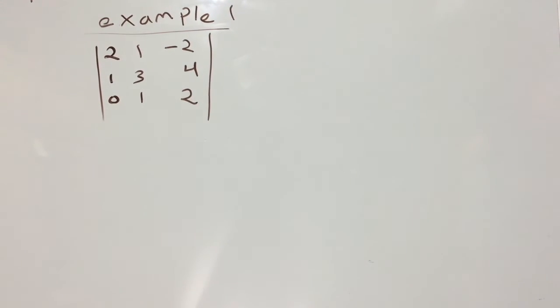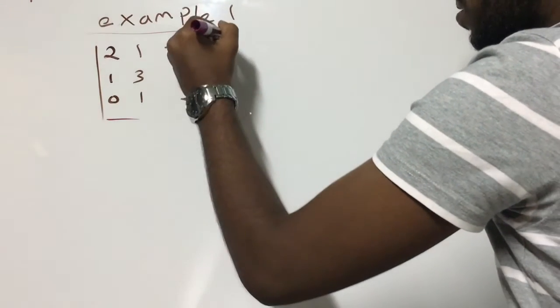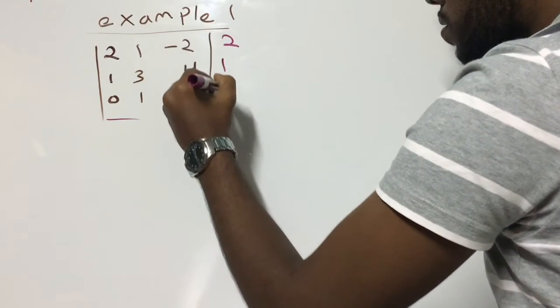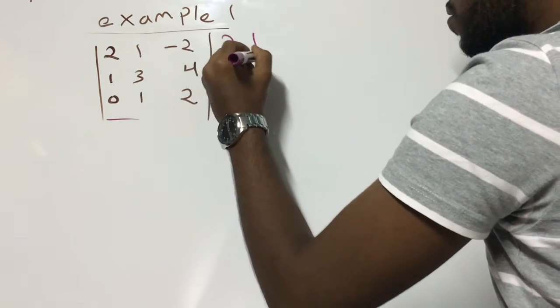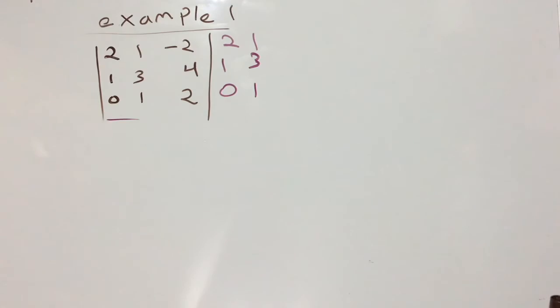Example 1. So we have our matrix here, and we're going to find the determinant. So the first step, you mirror the first two columns, which is that. So 2, 1, 0, 1, 3, 1. I want to find the determinant.